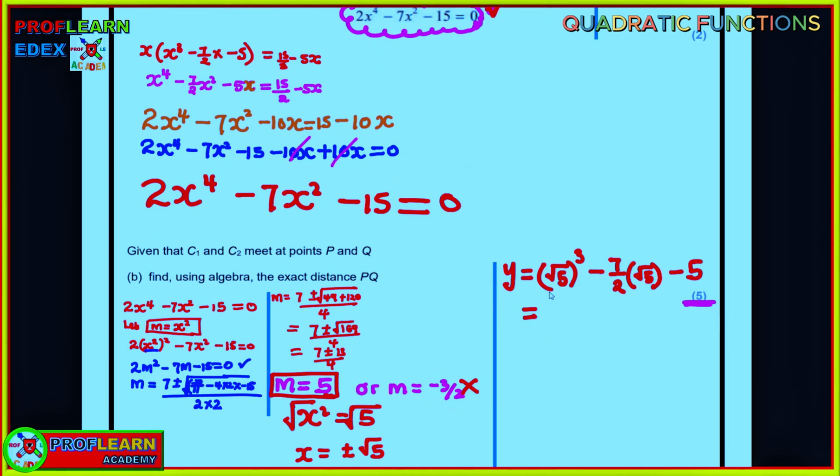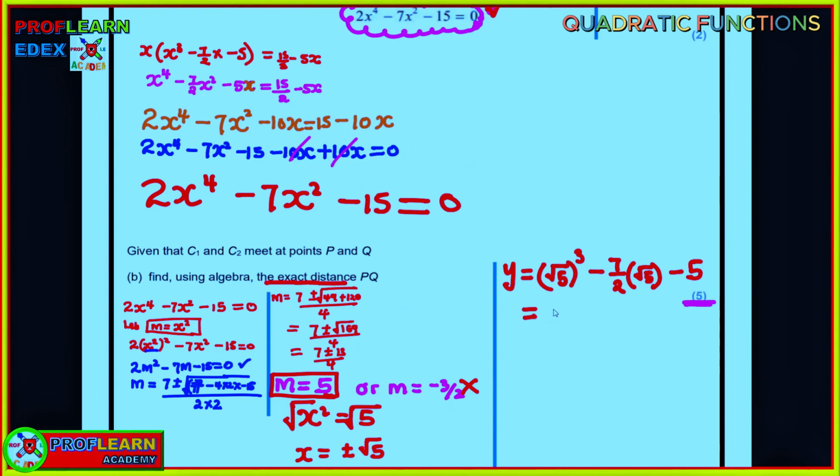So if we substitute this into the calculator, you have to be very, very keen in the way you are substituting it. Don't make any mistake in terms of the algebra, in terms of the substitution. So we are having root 5. If you look at this question, you need the exact distance.